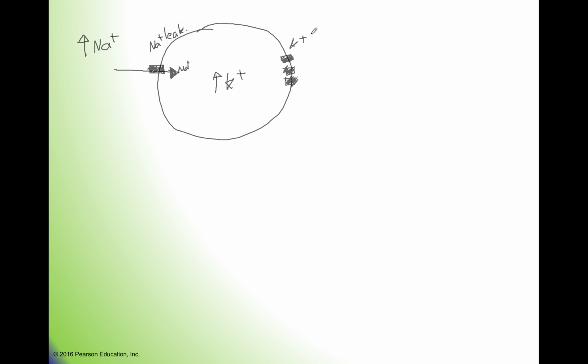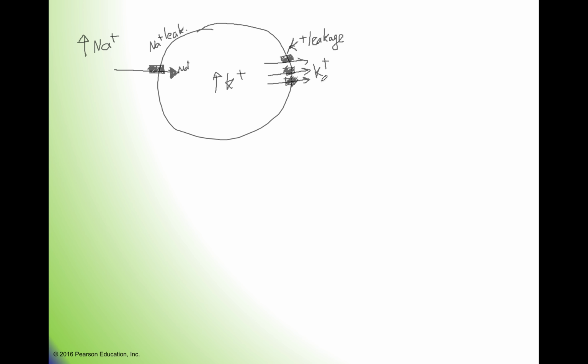These are called potassium leakage. And think about this: if these are potassium leakage channels, what are they going to do? They're going to allow potassium to leave the cell, right? So potassium is going to leak out.